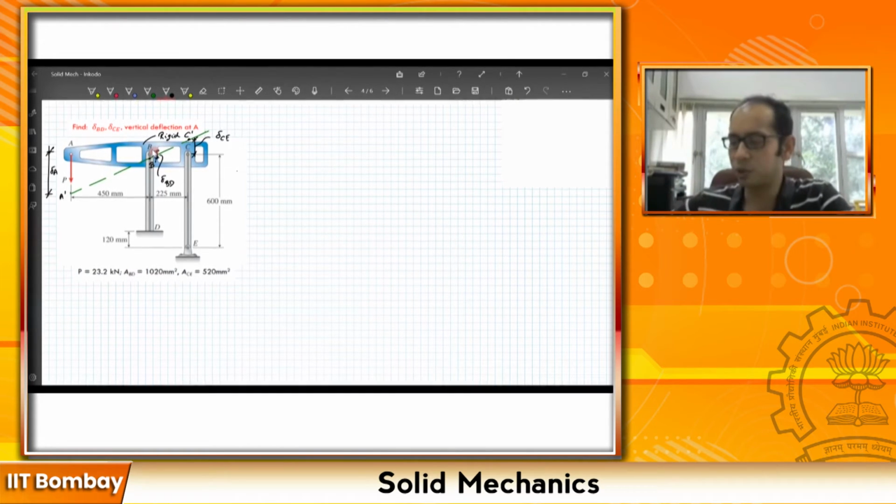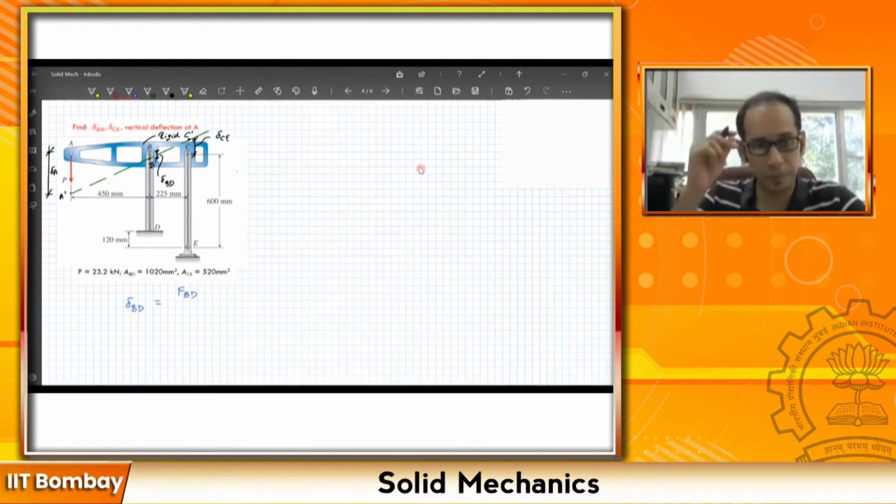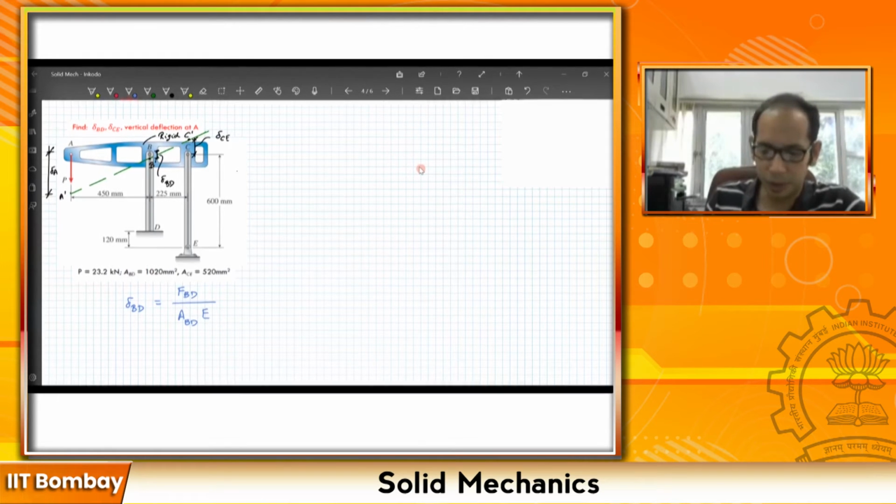So now if we have to draw the free body diagram of this ABC over here, the whole reason for doing that is, ultimately you have to find this deflection. So for example, if I have to find this deflection delta BD, just as an example, delta BD is nothing but equals to F_BD, that is the force in the member BD, divided by the area of BD times the E of this particular material, that is the E of BD.